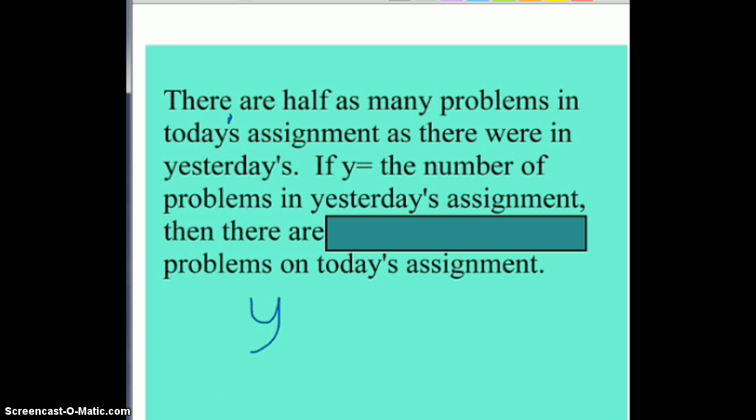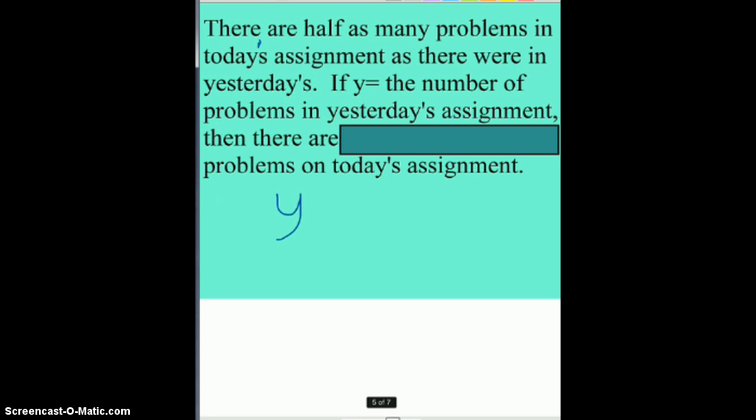If you're stuck, I might suggest making a table kind of like we did early on. Here's yesterday, and here is today. If yesterday you had 10 problems, how many would you have today? There are half as many problems today as yesterday. Half of 10 is 5.